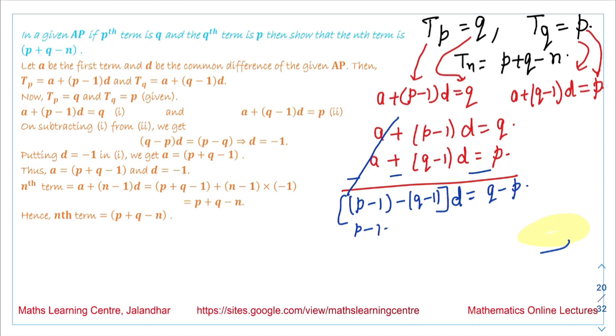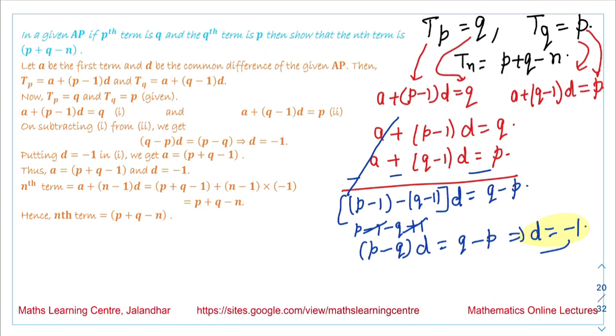So we are left with (p minus q)d is equal to q minus p. So this gives us d is equal to minus 1. Now if we substitute this value in one of these equations, we will get the value of a.